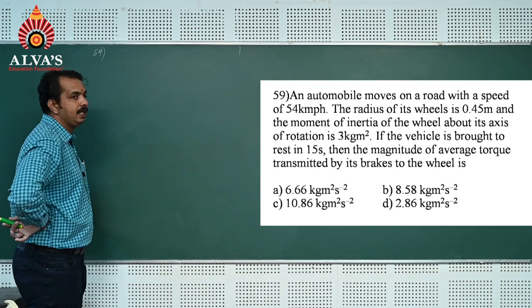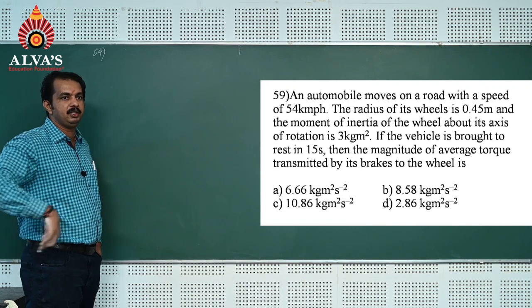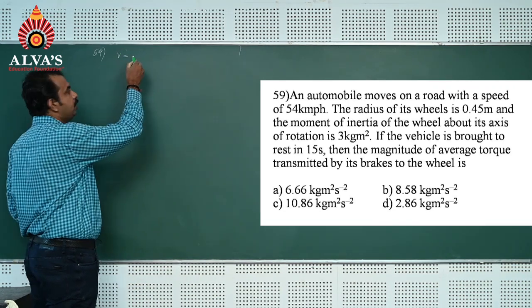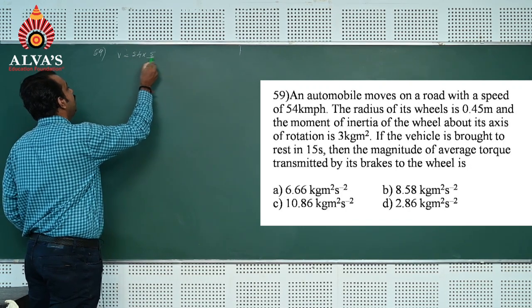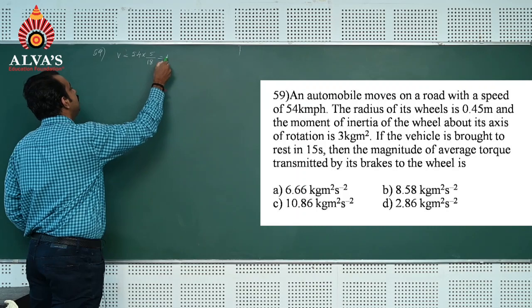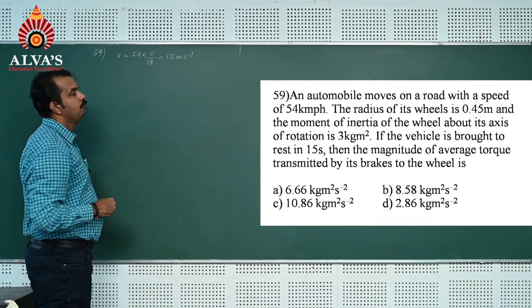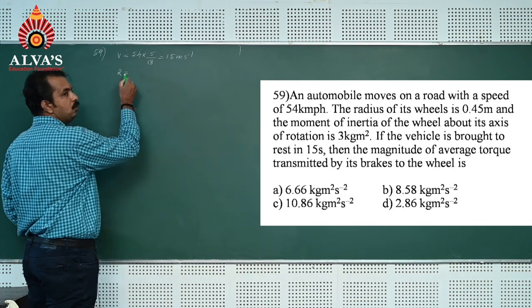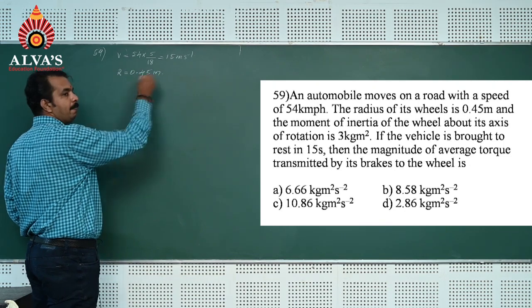Now, we can just write the given data first. The automobile moves on a road with a speed V equal to 54 km per hour, that is 54 times 5 by 18, which is equal to 15 meter per second. Radius of the wheel R is equal to 0.45 meter.